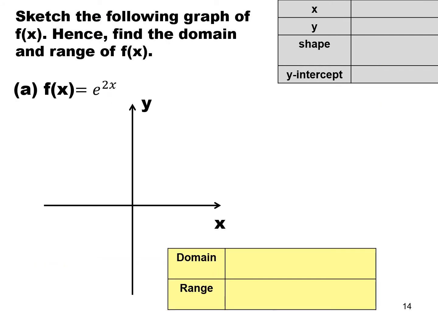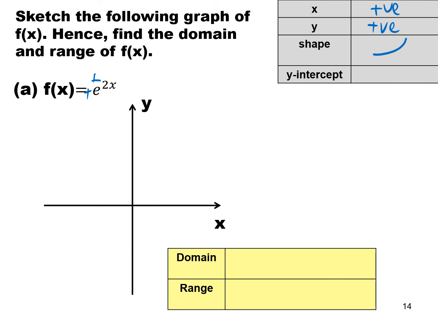Alright, sketch the following graph of f(x), hence find the domain and range of f(x). Okay, for the first one, we see that this is positive, positive, so we put here positive, positive. The shape of the graph, positive, is like this.